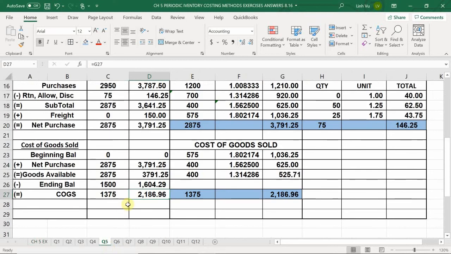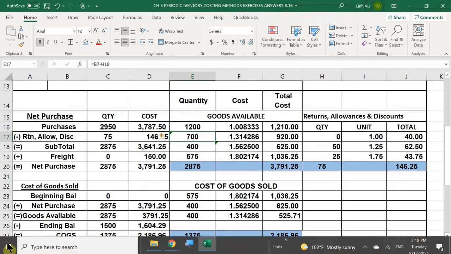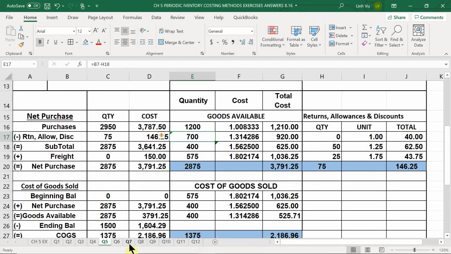In this case, we should still have the 1,200 here, and then we have 300 from this previous batch. So we're going to take these numbers and transfer them over into our inventory worksheet, because that is what we have on hand.